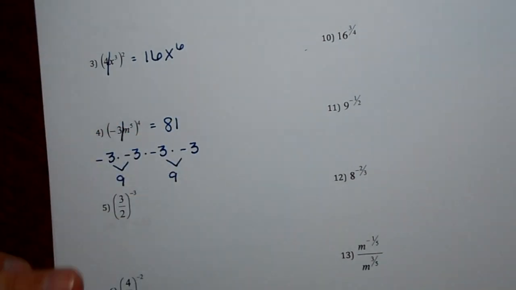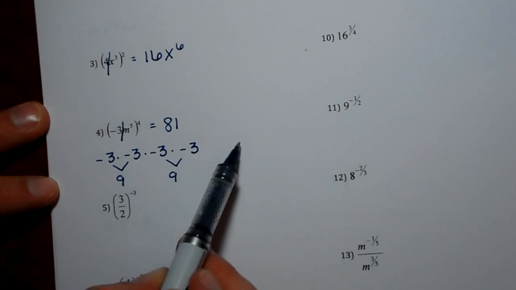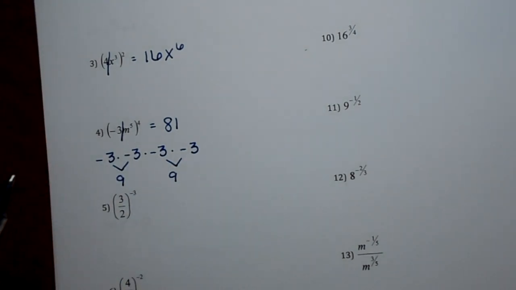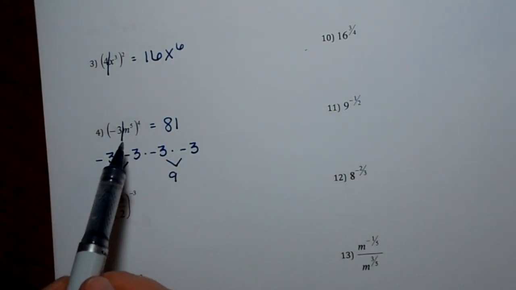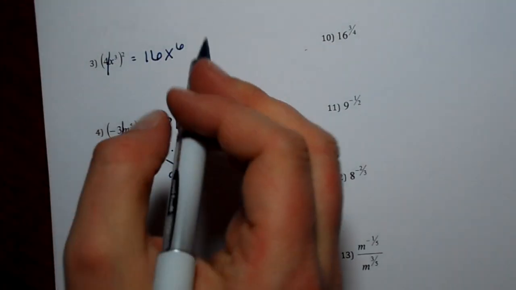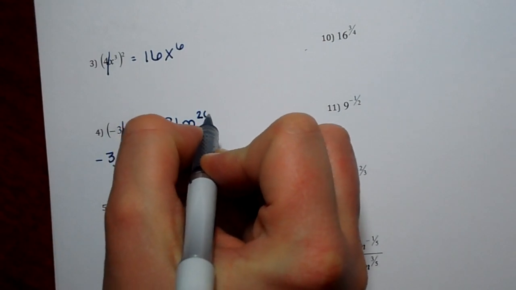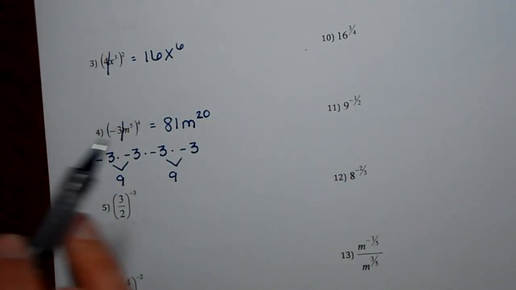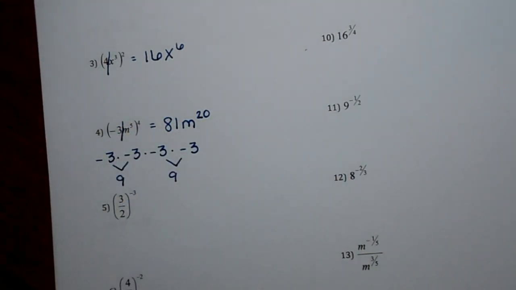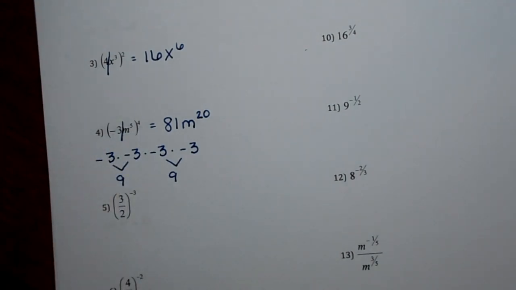Again, we're focusing here on doing this without a calculator, so hopefully that mental math method proves useful to you. And then here I'm going to follow the same rule that I have on 1 through 4. 5 times 4 is 20, so this will become m to the 20th. Okay? If you somehow ended up with negative 81, you possibly forgot that a negative number raised to an even power becomes a positive number.